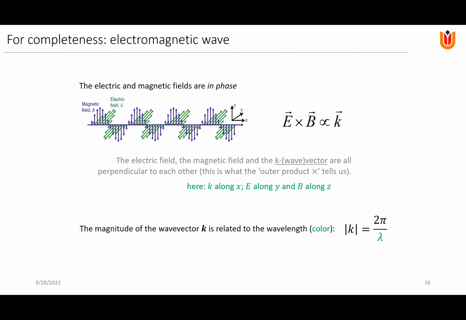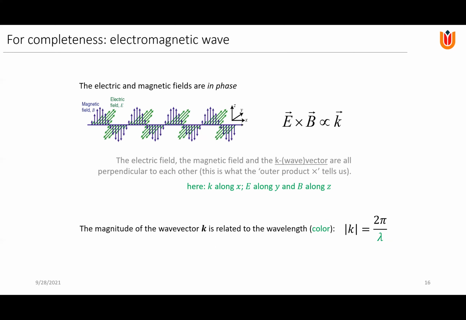Just briefly, to drive this point home about the solution to the EM wave equation: if you look at the solution, the electric and magnetic fields are in phase but are perpendicular to each other. That is what the cross here signifies, the outer product of vectors.